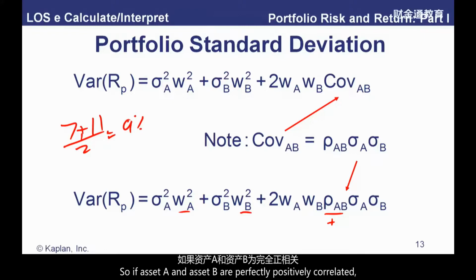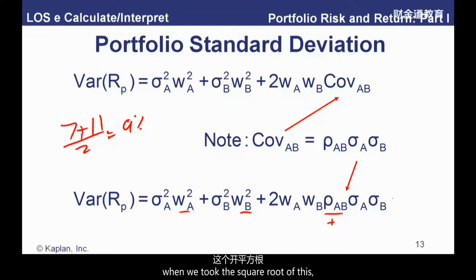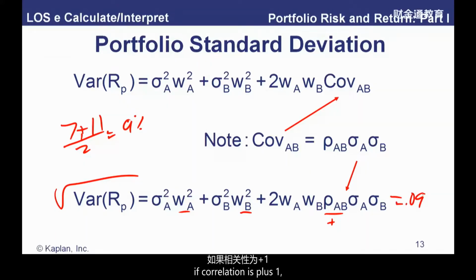So if asset A and asset B are perfectly positively correlated, which in our case they were, okay, then we could plug in all of this stuff, and when we took the square root of this, it would be equal to 9%, 0.09. So if correlation is +1, then you're going to get the weighted average of the standard deviations of the individual assets. But the point of this is to note that if this correlation is anything less than +1, right?